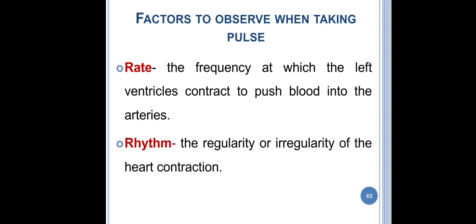Because sometimes what we're asking is whether it beats at the same rate every minute, or maybe it is faster in the first 2 minutes and slower in the next 4 minutes. That's what we are looking at with rhythm. So with rhythm, we're talking about the same rate throughout.